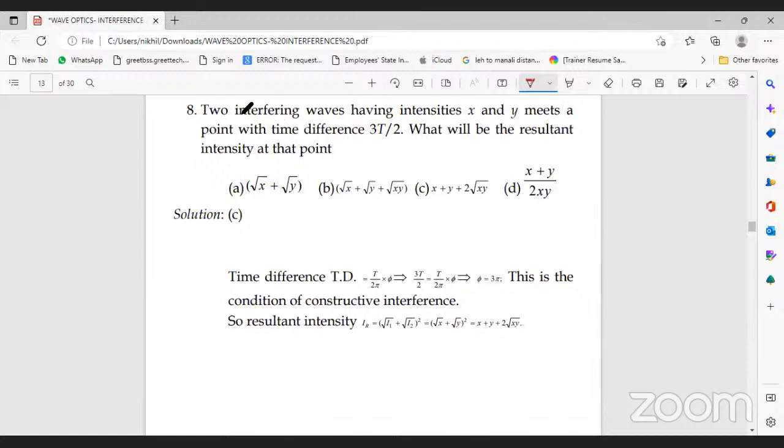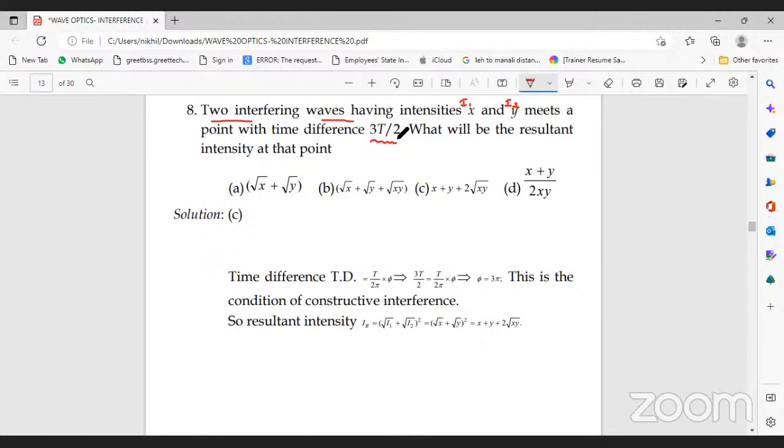Come to this. How many interfering waves do we have? 2. Intensity is given: this is I1, X, and I2 is Y, with a time difference. What is the time difference? 3T by 2.